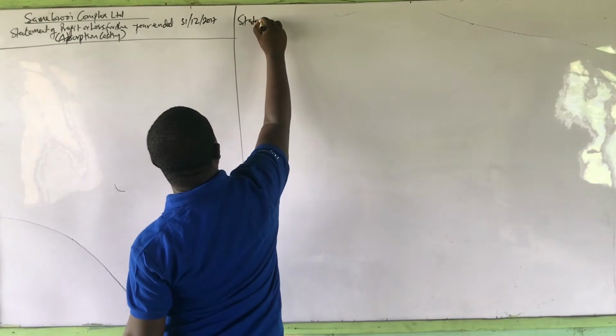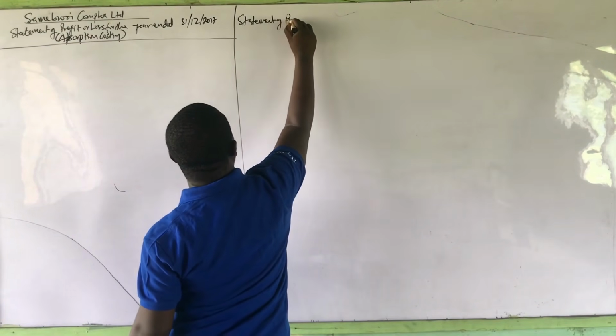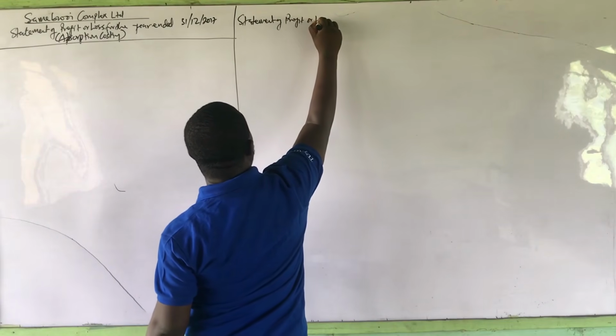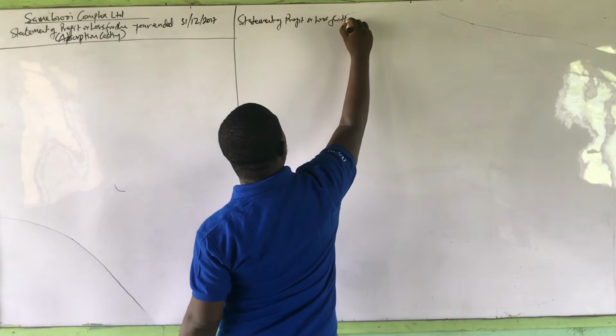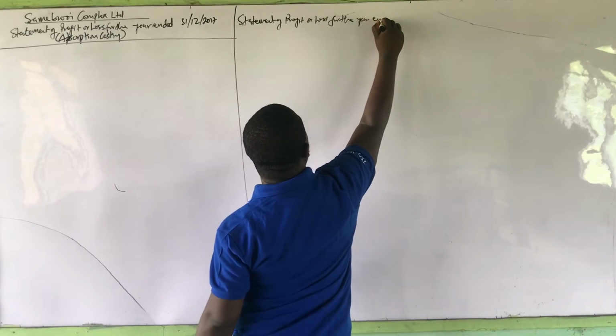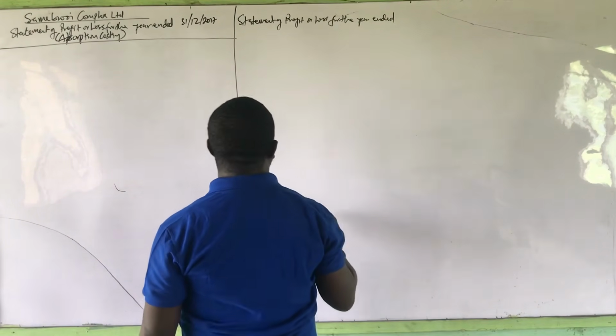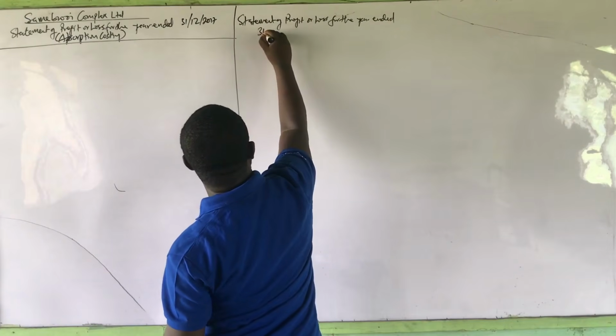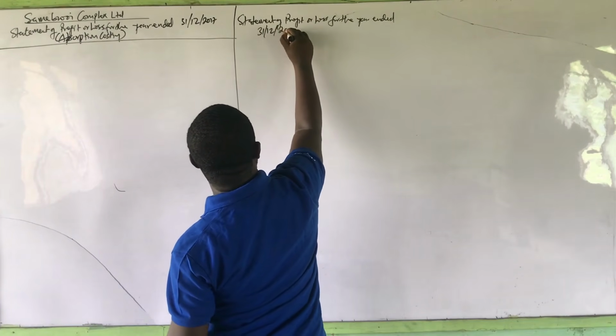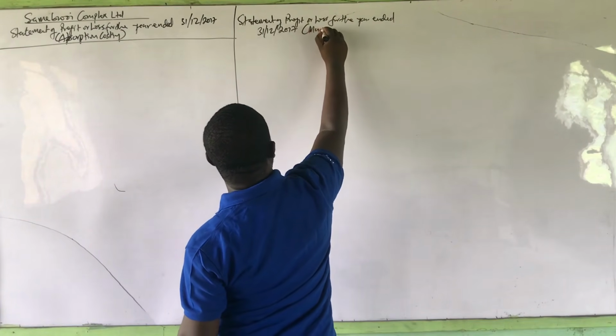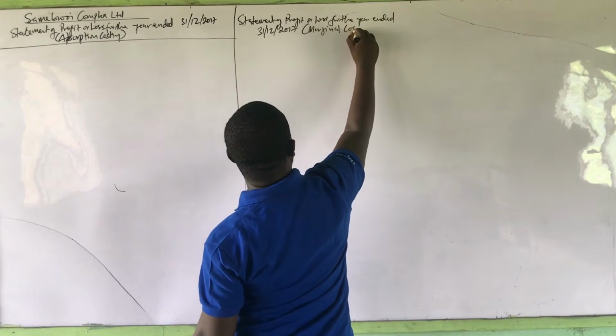Statement of profit or loss for the year ended 31st December 2017 under marginal costing.